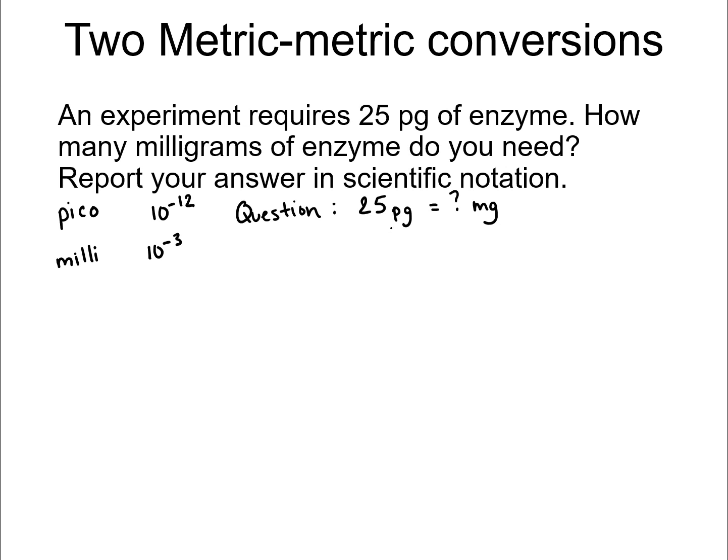And the reason is you see a prefix on both sides of our question. We've got 25 picograms, and we need to figure out how many milligrams. We have to use 2 conversion factors here. The first one will get us from picograms to grams. And the second one will get us from grams to milligrams.